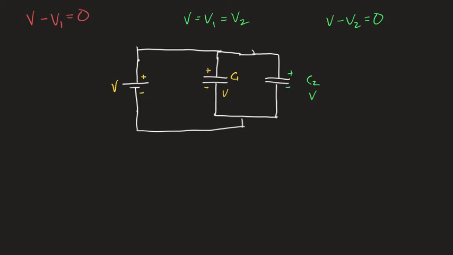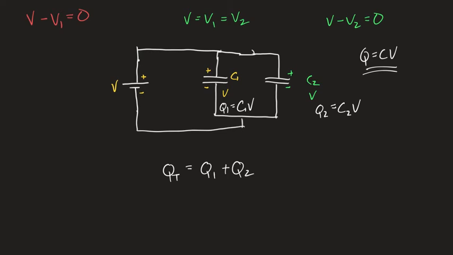Because I'm hoping you guys realize now, if Q equals C times V, then this is going to be Q1, which equals C1 times V. And this is going to be Q2, which is going to be C2 times V. Which means the battery had to push out a total charge of Q1 plus Q2.